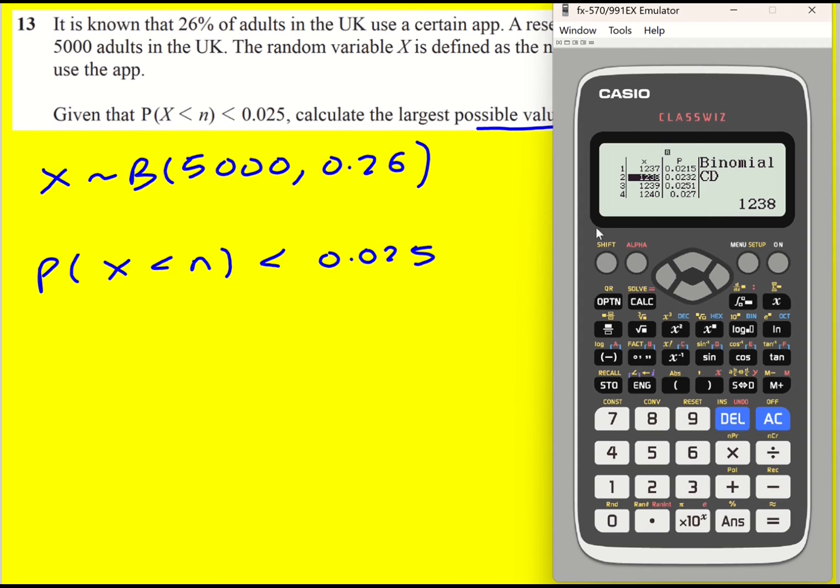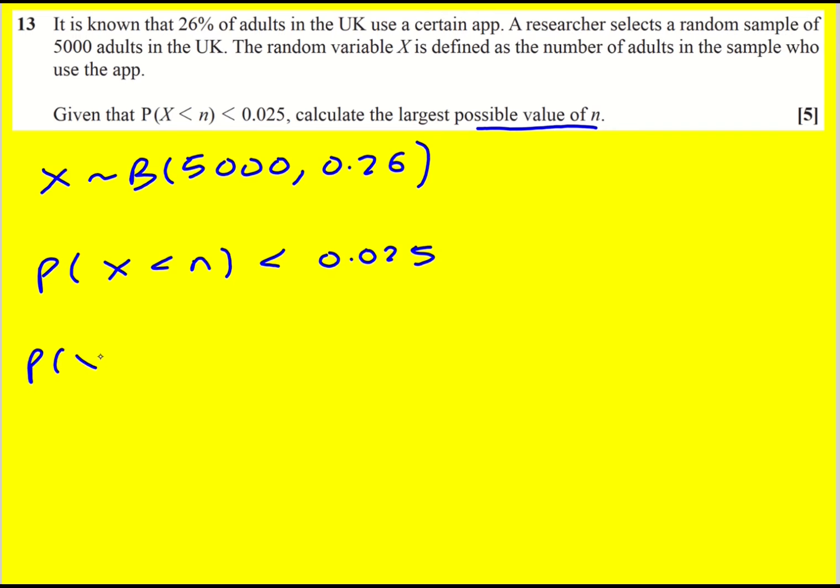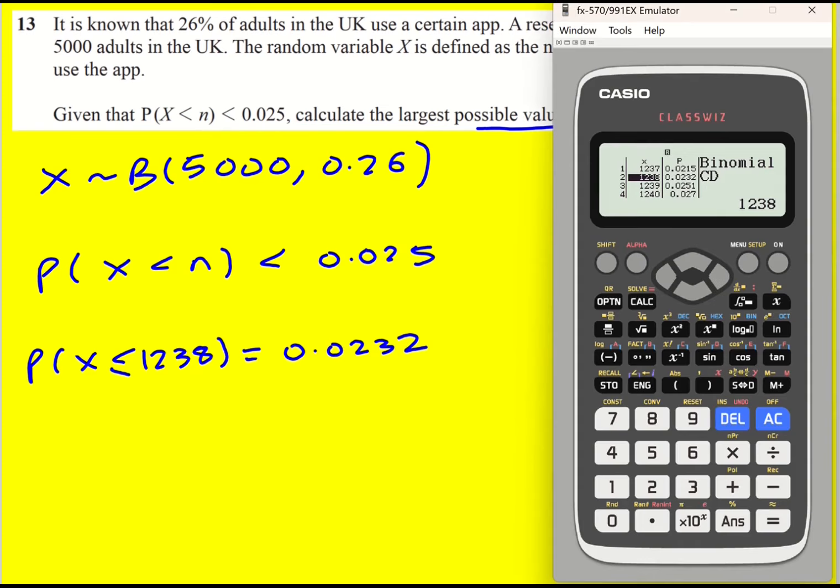So we've got less than or equal to 1,238 is 0.0232. And then less than or equal to 1,239 is 0.0251.